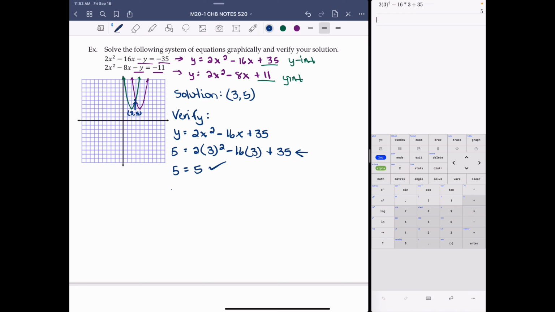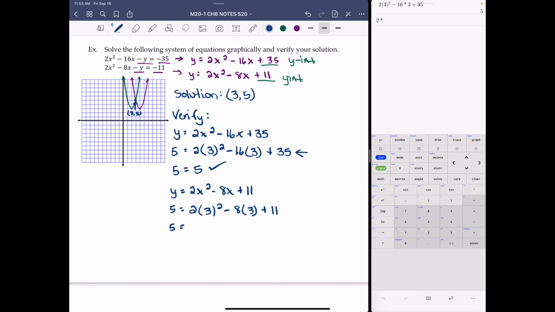Next equation, y equals 2x squared minus 8x plus 11. Subbing in our values for x and y, 5 equals 2 times 3 squared minus 8 times 3 plus 11. Typing in the right side, I can do it a little different.